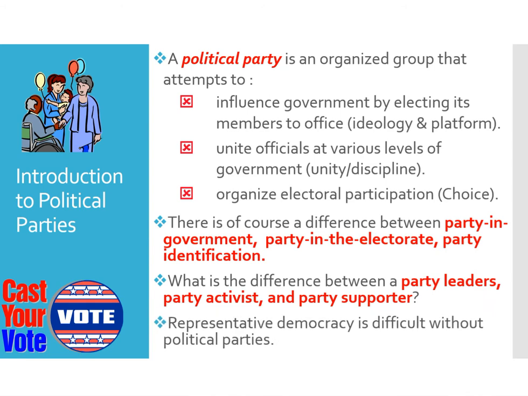Now, it is arguable that representative democracy is difficult, some would even say impossible, without political parties. George Washington, in his farewell address to the nation as the first president of the United States, warned against factions, and in particular, Washington was leery of political parties.